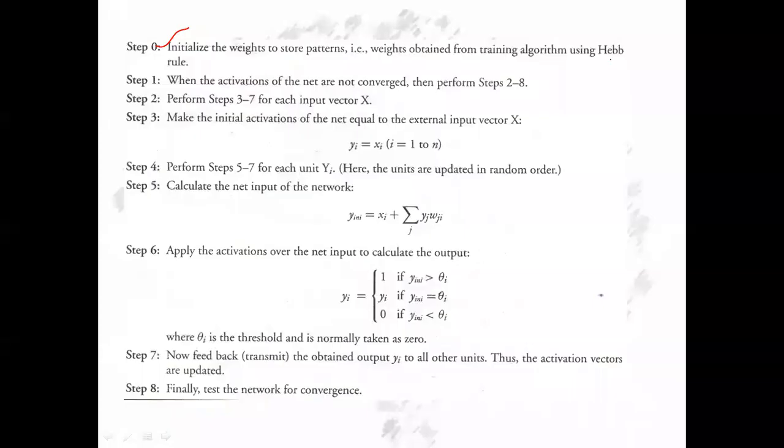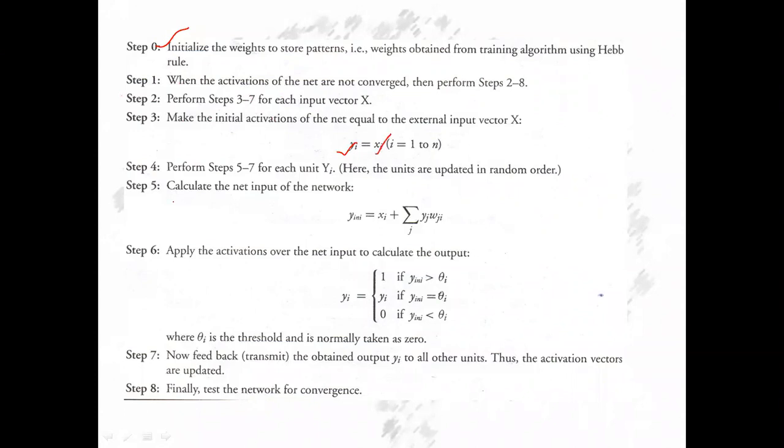After initializing the weights, the next step is to activate the input. Let us say we are going to test for a particular sample whose mapping was stored earlier. So we initialize the output the same as the input for that particular sample.